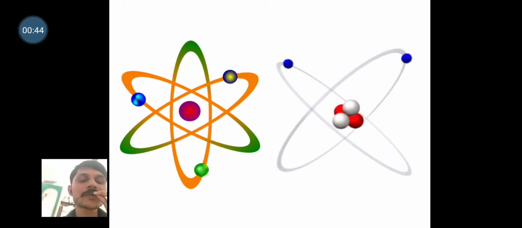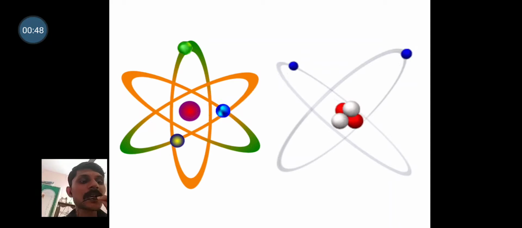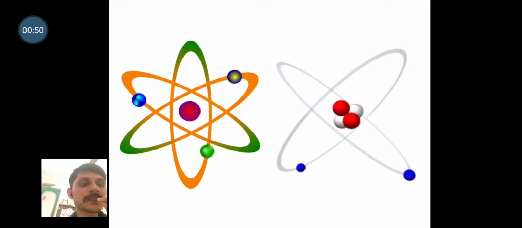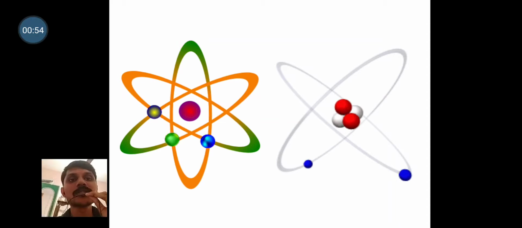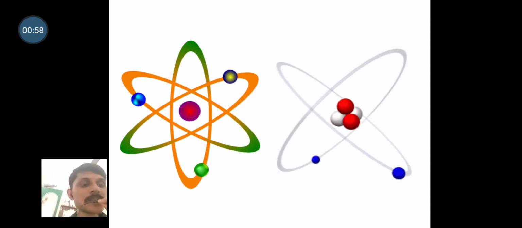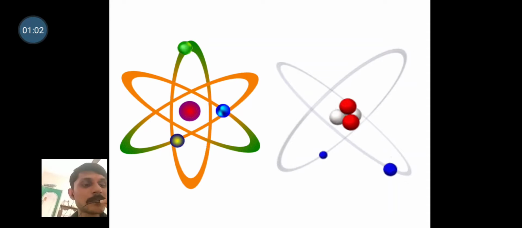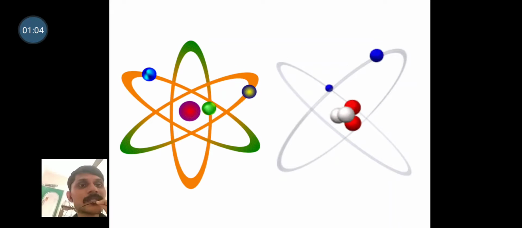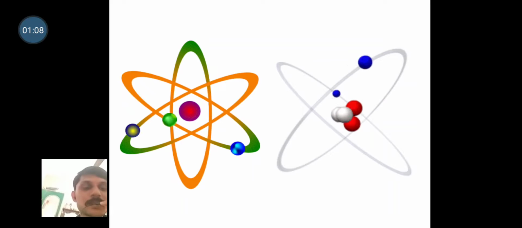The atom structure consists of the nucleus at the center, and protons are positively charged particles, and neutrons are the neutral particles. The protons and the neutrons make up the nucleus of the atom, which is surrounded by the electrons belonging to the atom.